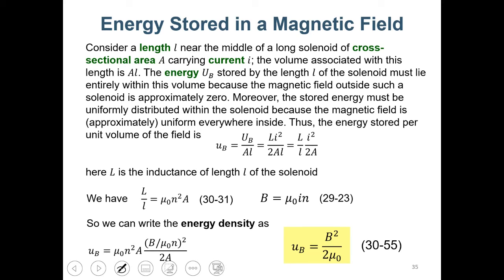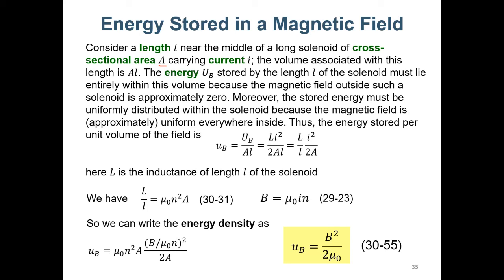So here we talk about the energy stored in a magnetic field again, but here consider a length L near the middle of a long solenoid of cross-section area A, carrying current I. The volume associated with this length is A times L. The area times the length is the volume.